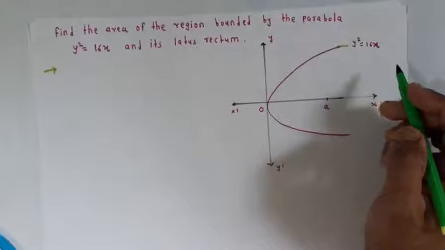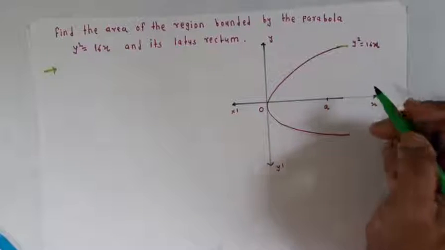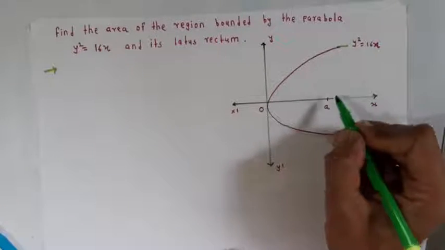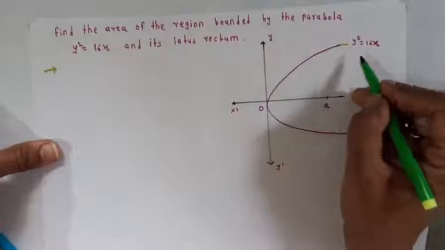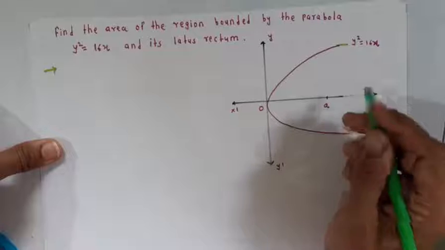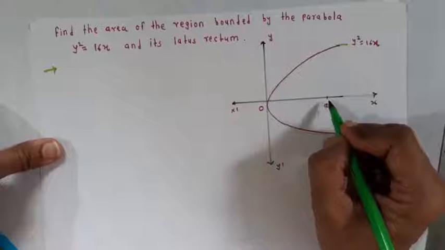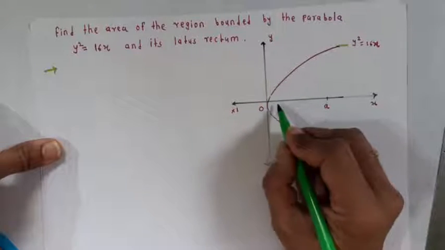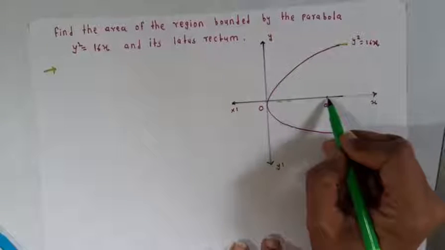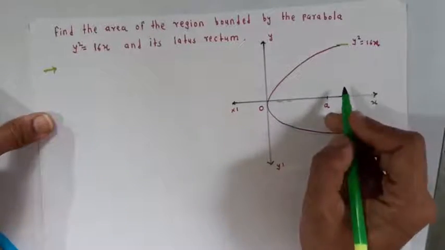Students, you know that latus rectum means the line passing through the focus. Suppose the parabola is y square equal to 4ax. Here the parabola is along the positive x-axis, therefore the latus rectum passes through the point on this positive x-axis.